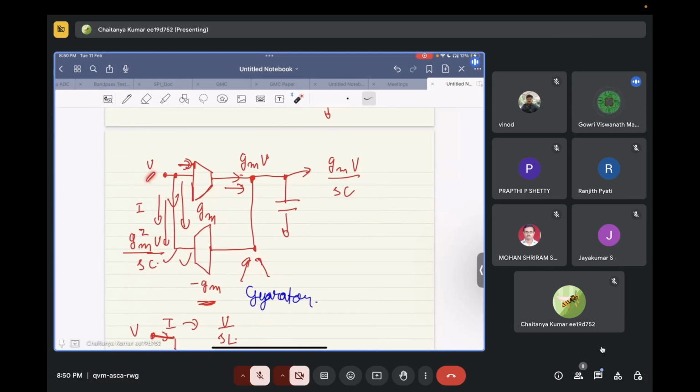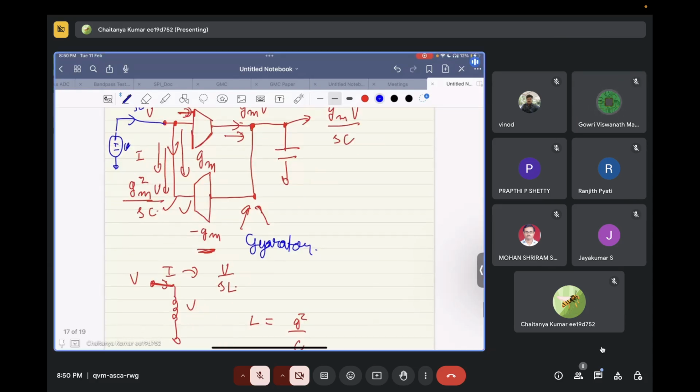If you apply a voltage V to this particular circuit, what will be the current flowing from this node? GM square V by SC. So if there is a voltage source over here of voltage V, the current flowing will be GM square V by SC. Is this clear?